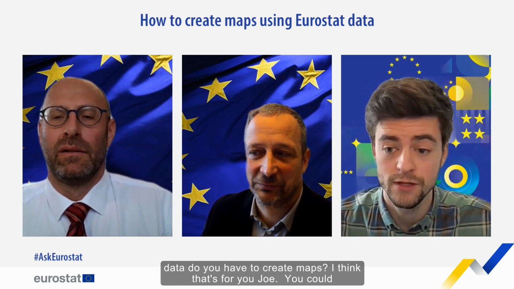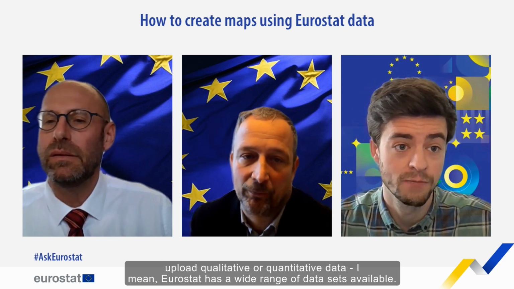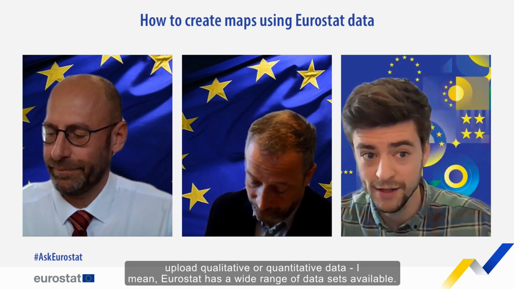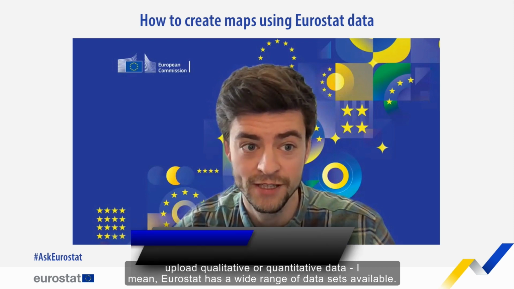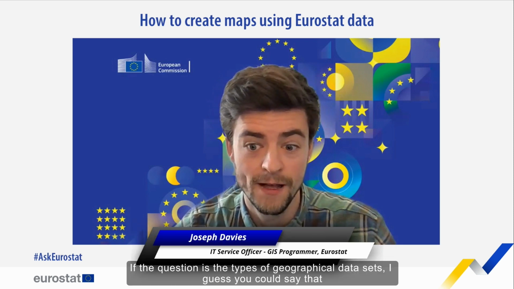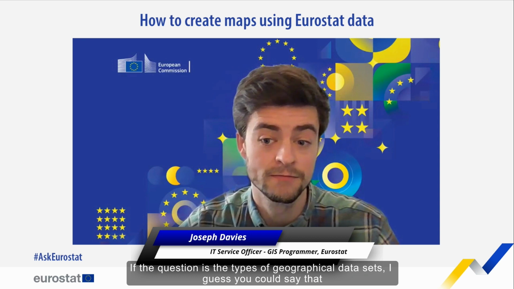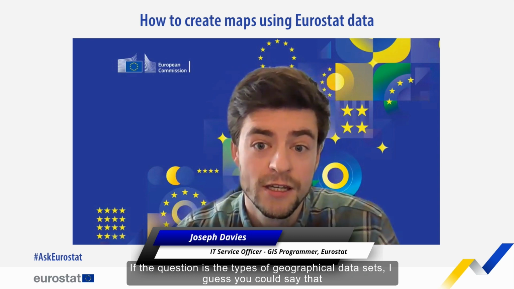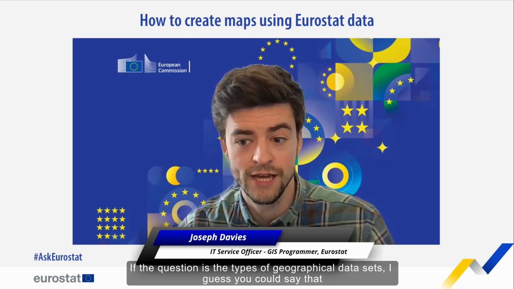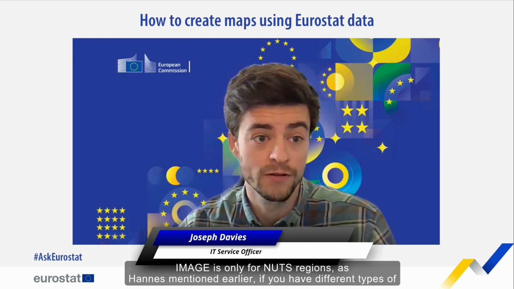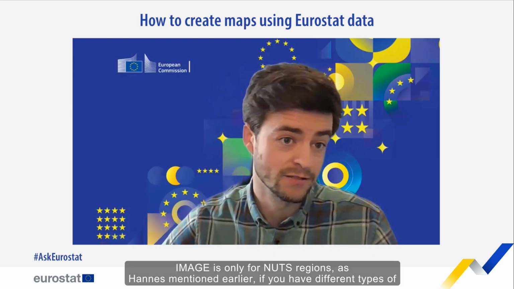Yeah, so you could upload qualitative or quantitative data. Eurostat has a wide range of data sets available. If the question is about the types of geographical data sets, I guess you could say that this tool is only for NUTS regions, as Hannes mentioned earlier.